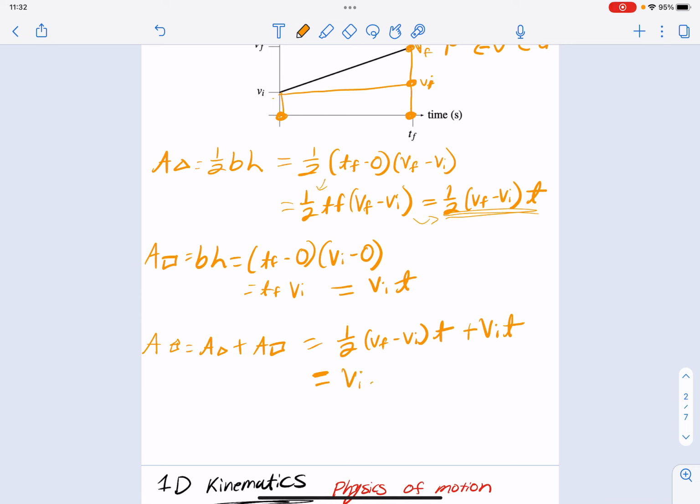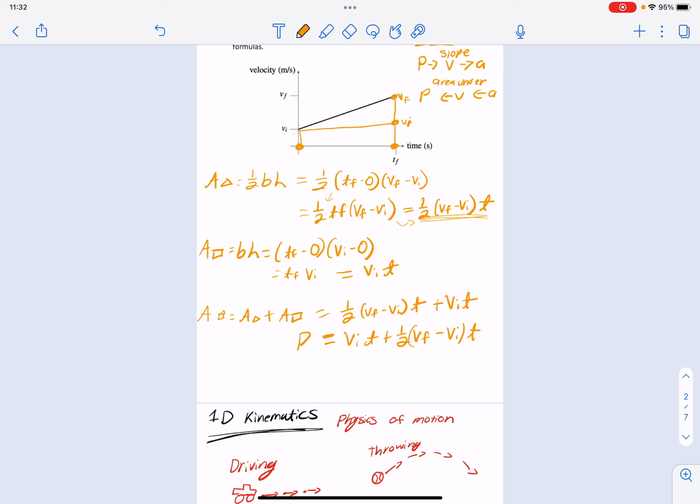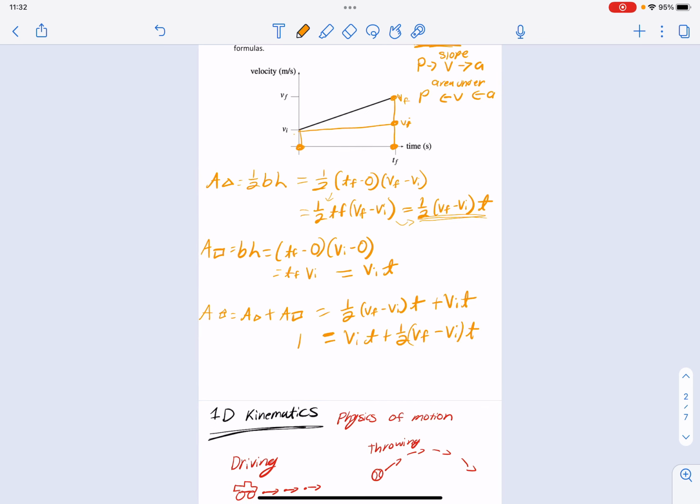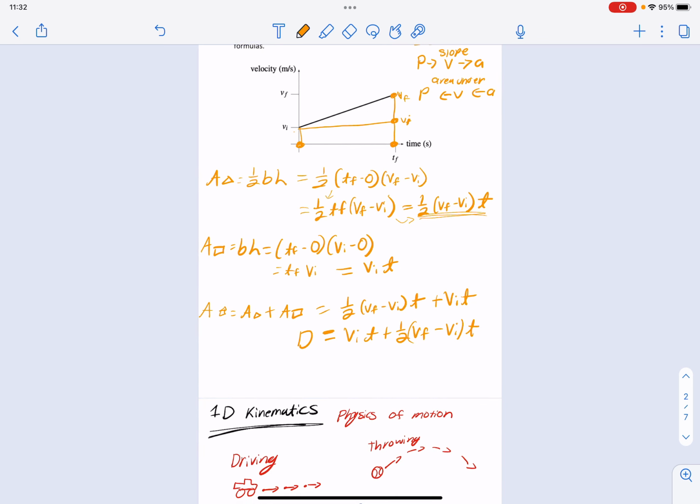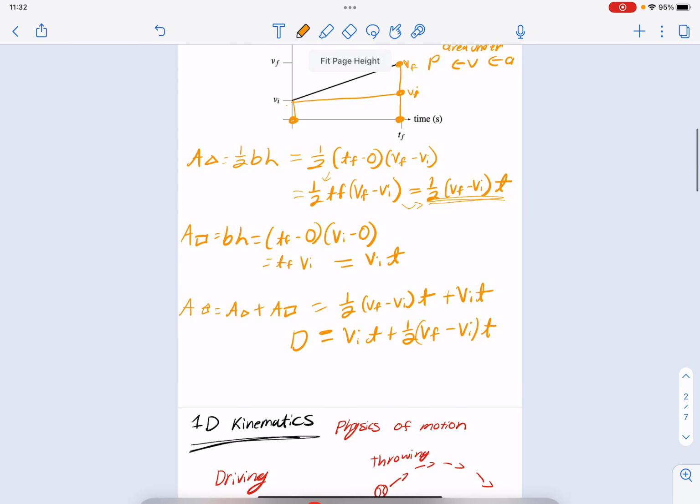I'm going to go v initial t plus half v final minus v initial times t. That is your position. So that's how we're going to solve for our position. I'm often going to call it displacement, so you're going to see me put it as d. This would be our equation, but we're going to give it a little edit.